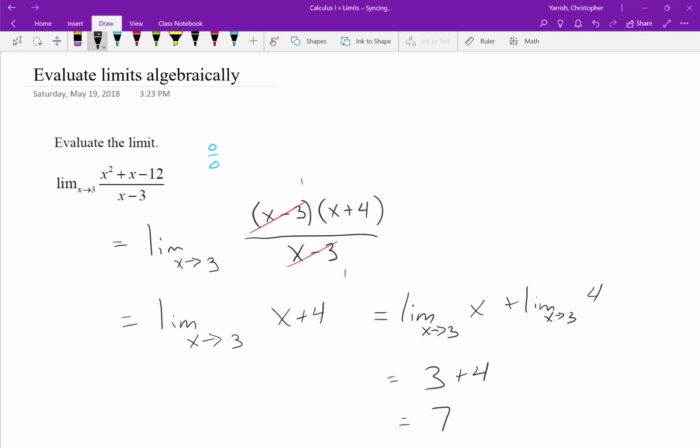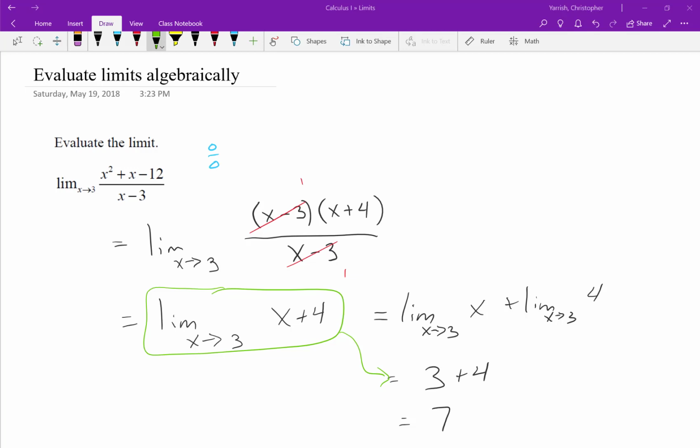So I can see that my limit here is actually 7. If I were to look for what sort of info I would see on a test, once you get to here, I'm fine if you realize, hey, I can just plug in and go right to here, unless I happen to give you a problem that asks you for the steps along the way.